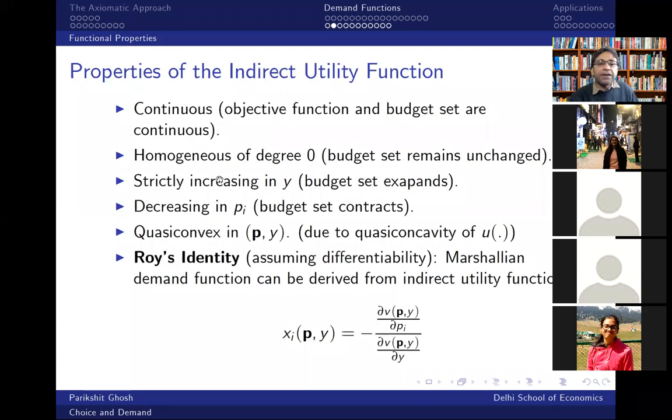So homogeneous of degree 0 means that if you, for example, double all prices and income, then the quantity demanded of each good will go up by 2 to the power 0, which is 1. So basically it won't change. Essentially, if you double prices as well as consumers' incomes, consumers' choices will be unaffected.